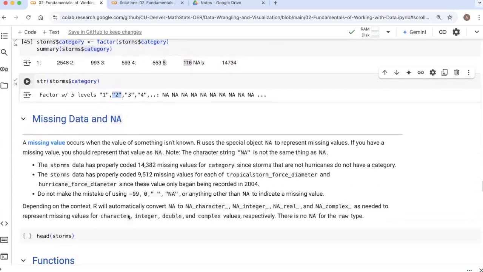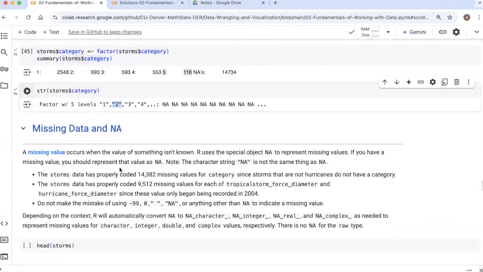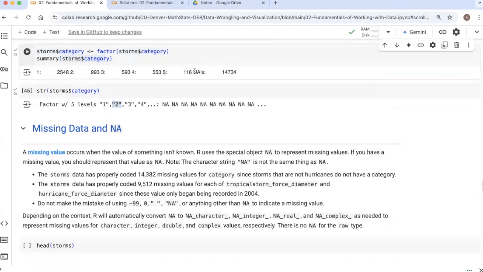Okay, and so the last thing to mention here is this has come up, and that is in R, when data is missing with good reason, as is the case with any storm which is not a hurricane, has no category, so the category is not applicable, it gets coded with an NA.